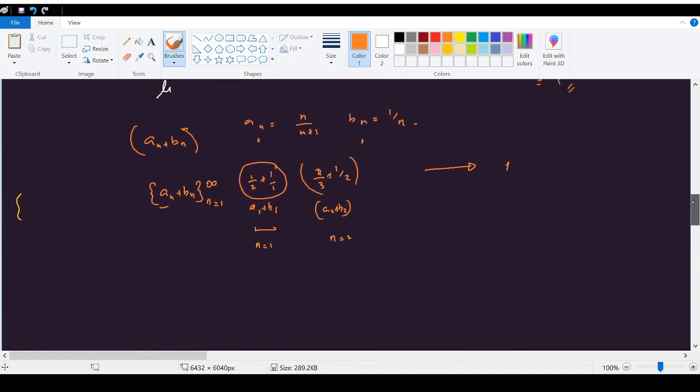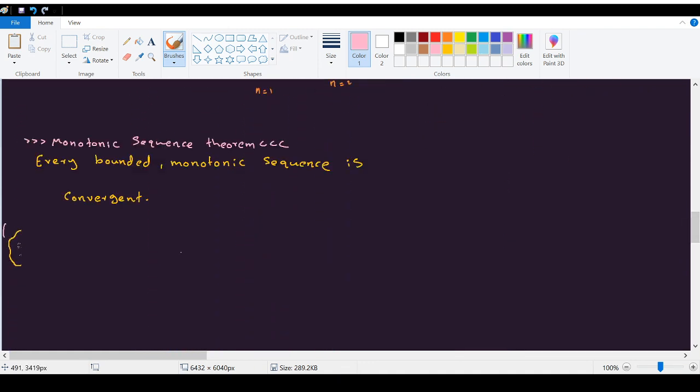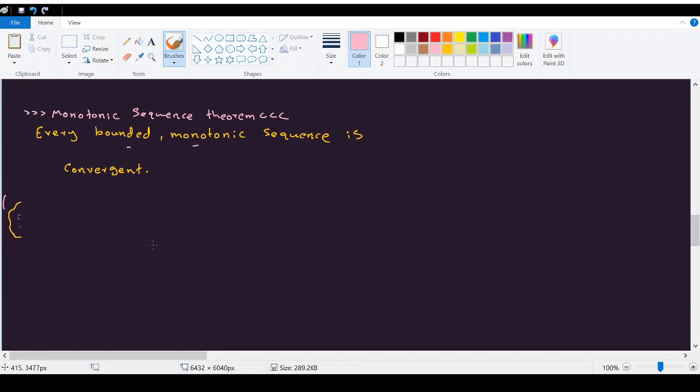Okay, and the second theorem is known as the monotonic sequence theorem. It says every bounded monotonic sequence is convergent. That means if we have a certain sequence that is bounded and monotonic, it either exhibits the property of increasing or decreasing, but not both.